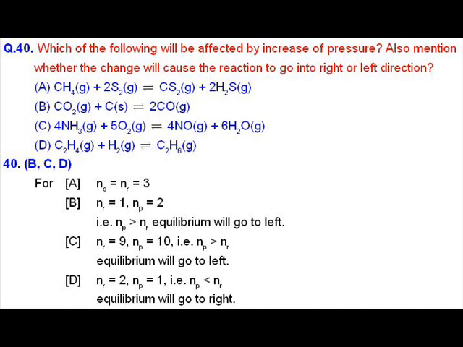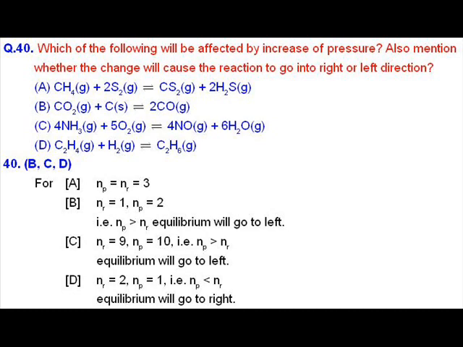Now coming to option C, we are having the number of gaseous reactants as 9 and the number of gaseous products as 10. So if we increase the pressure, then the reaction will try to minimize the pressure by proceeding in such a way that the number of gaseous species decreases.